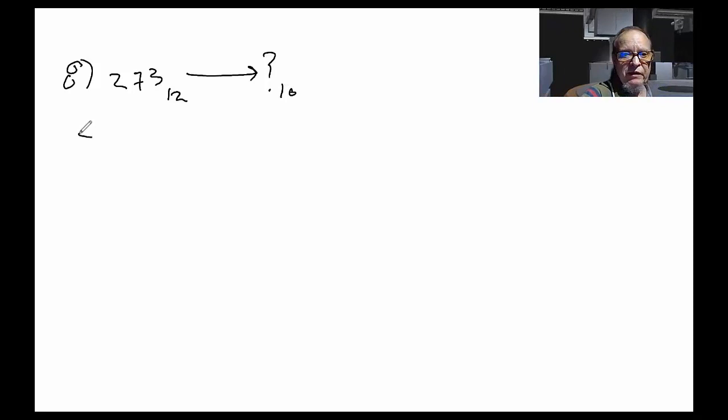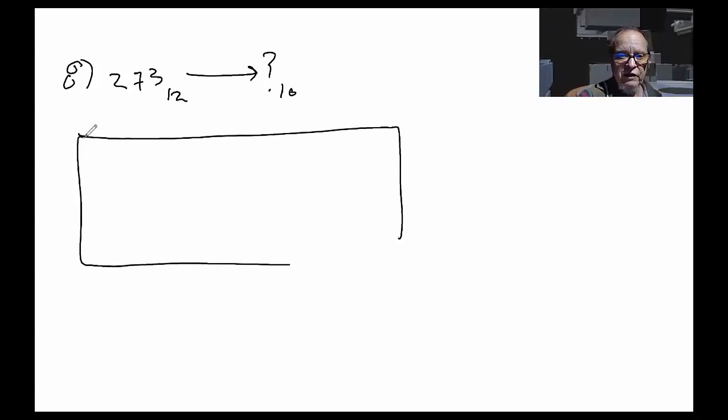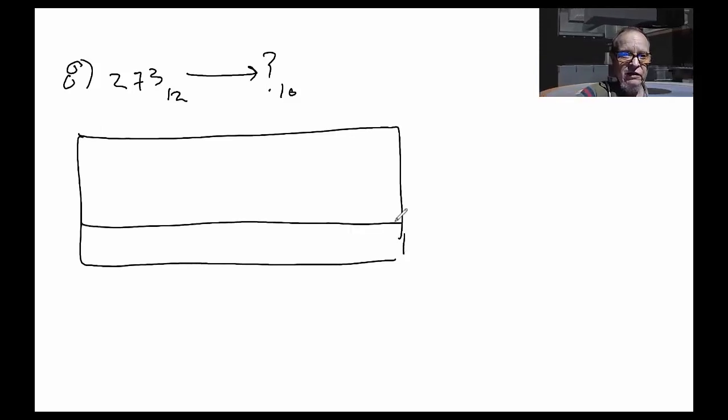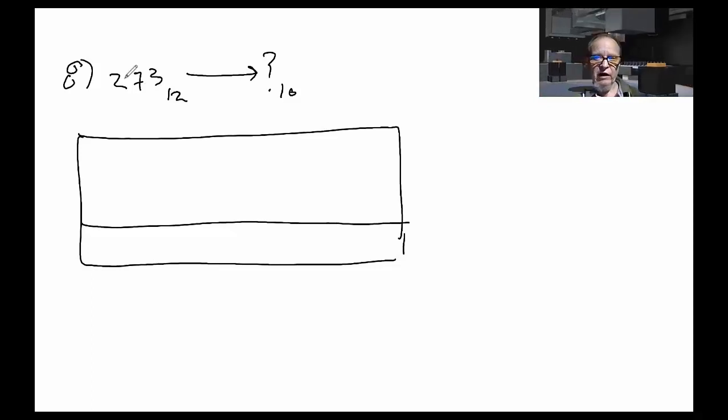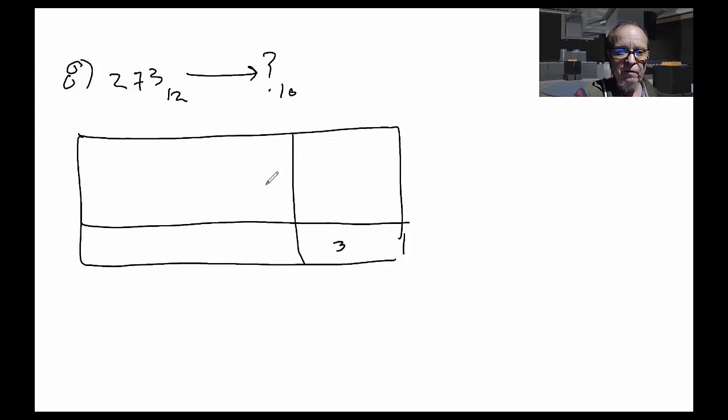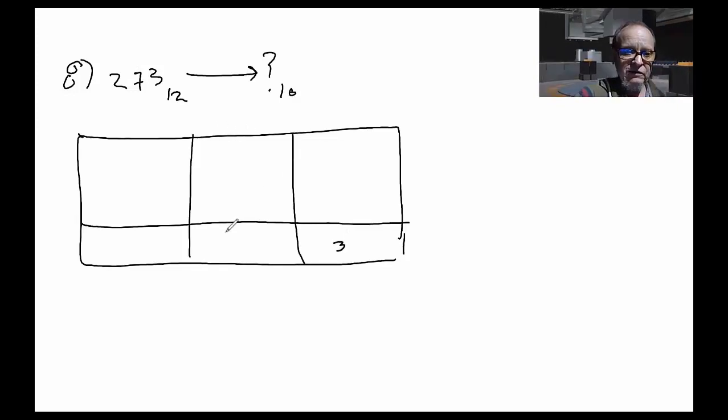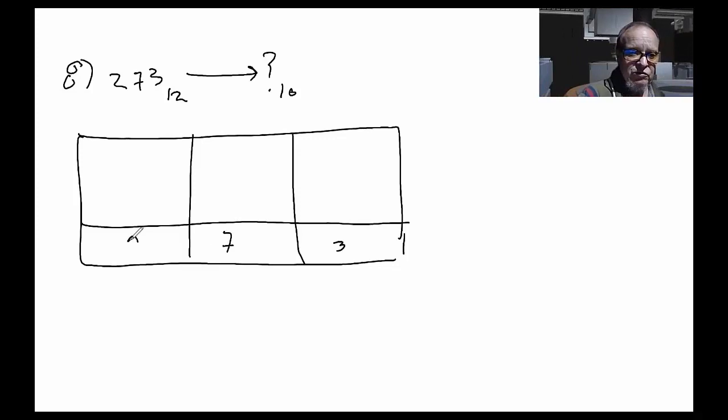So we'll make a base 12 table. And how will we do this? Well, the same way we've done all the other bases. So in this case, since we're going from the other base, not our base, we'll just write in 2, 7, 3.